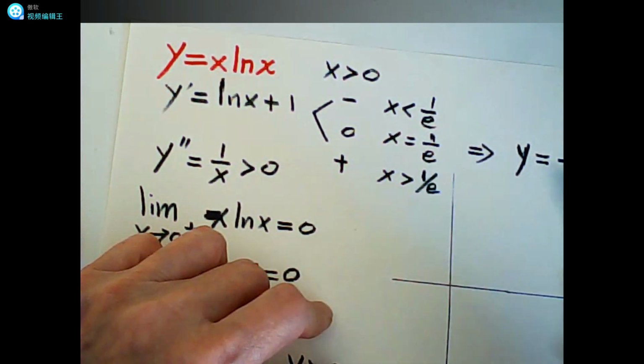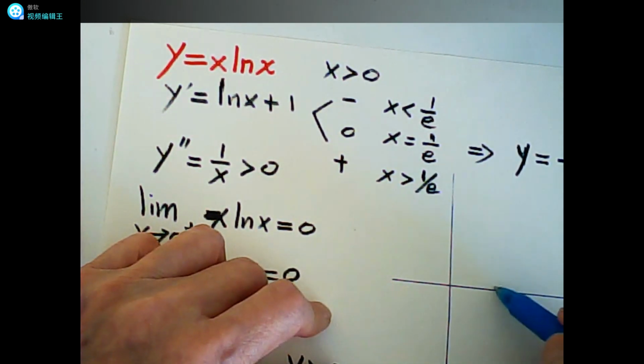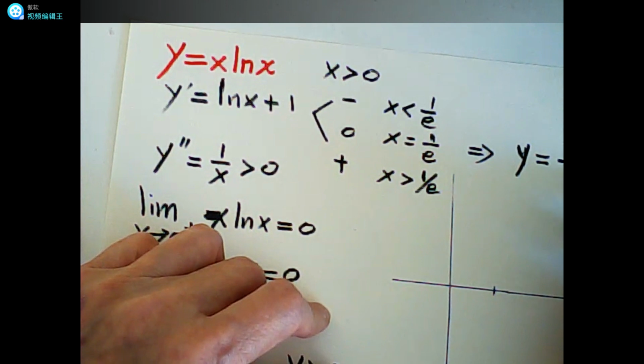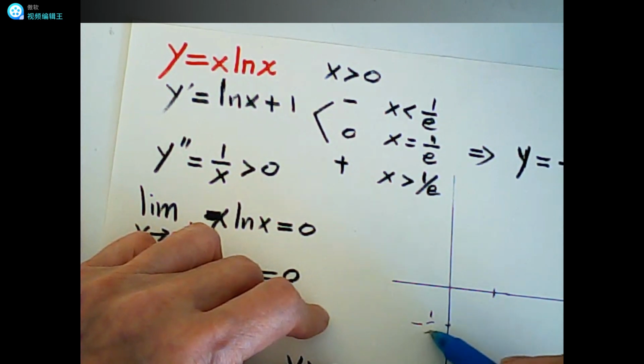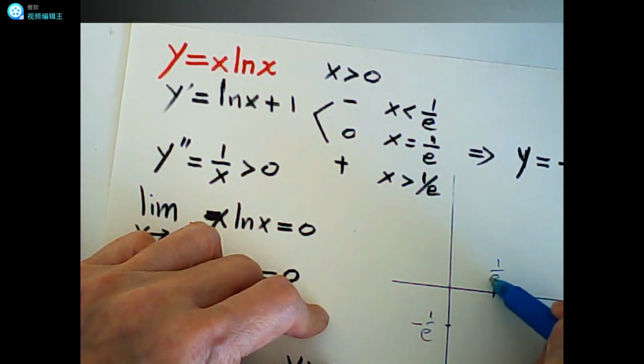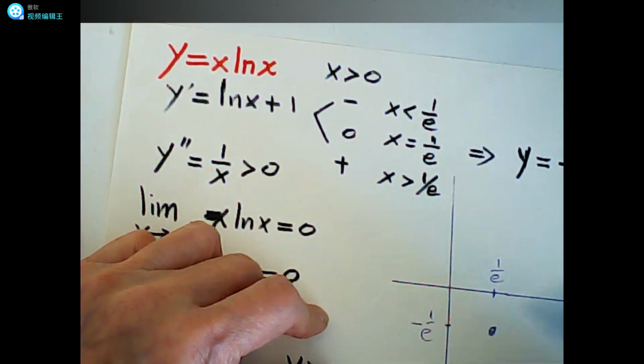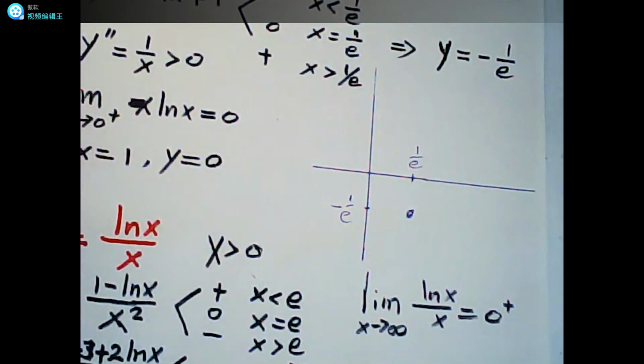So when x equals 1 over e, y equals negative 1 over e. So this is negative 1 over e. This is 1 over e.